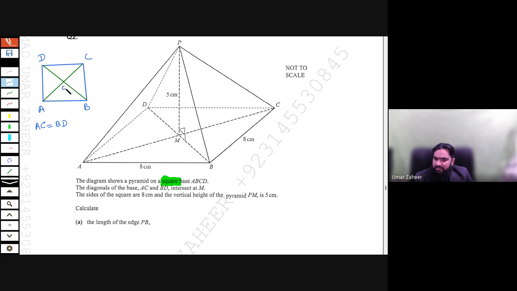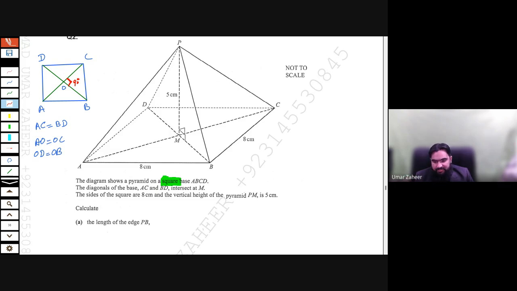Second, they bisect each other, which means AO is equal to OC, and in the same way, OD is equal to OB. This is only for the square, not for a rectangle or any other shape. And the angle between the diagonals is always 90 degrees. These are all the properties of a square.